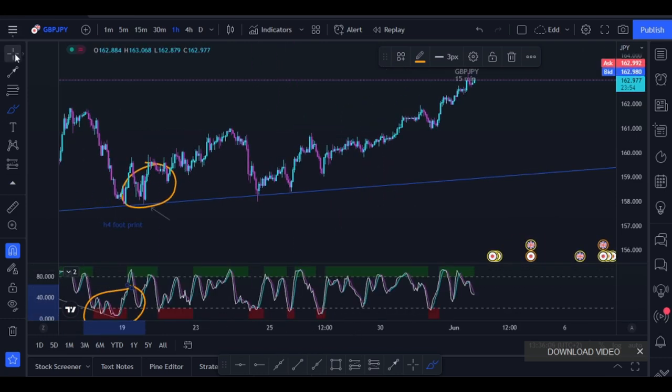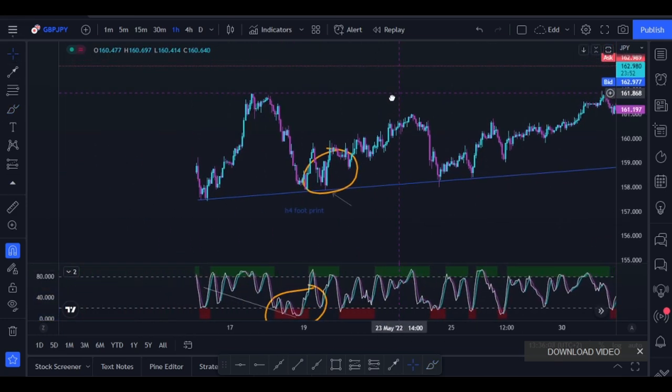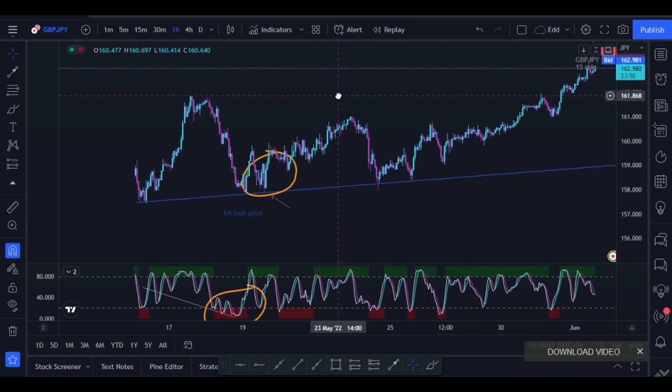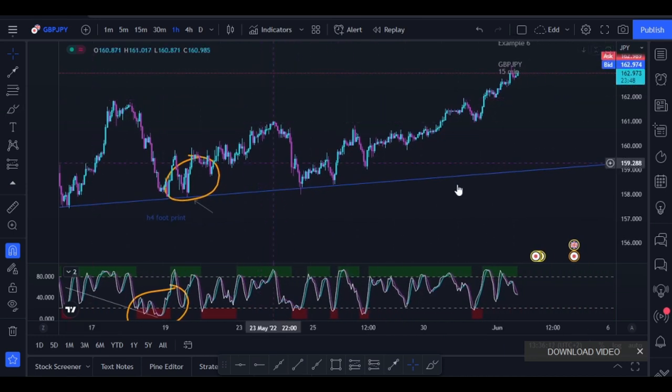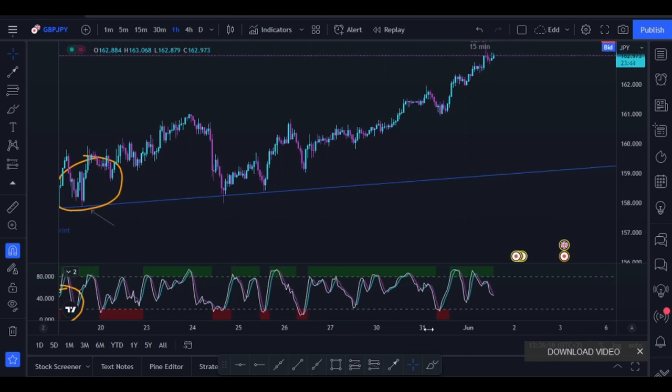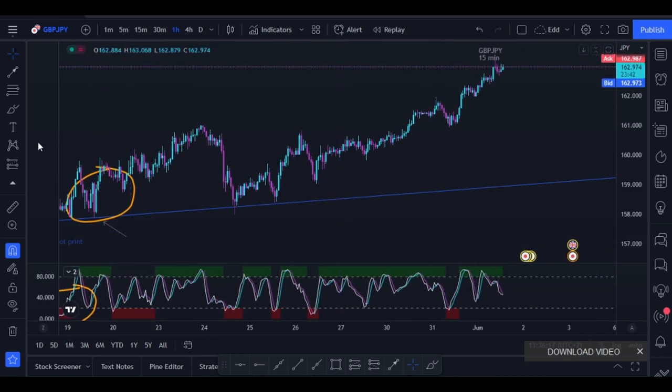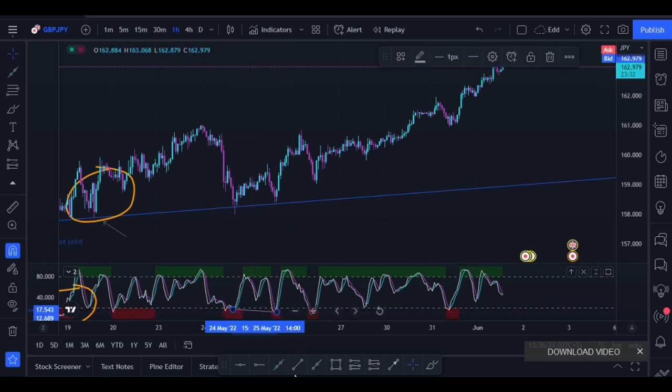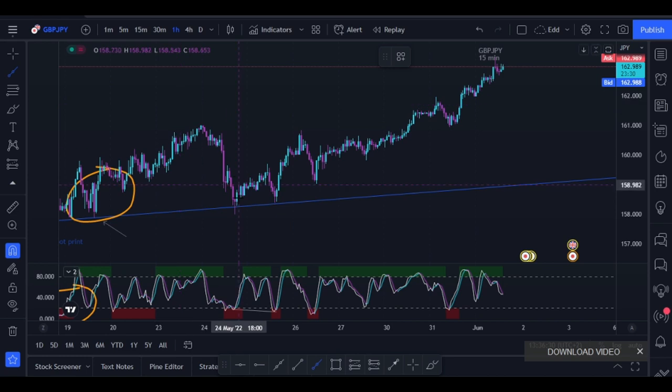On the 1 hour, we're still in that bullish footprint. Here I could see hidden divergence right there, and let me just draw this out on the chart as well.